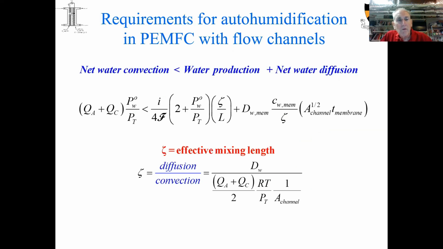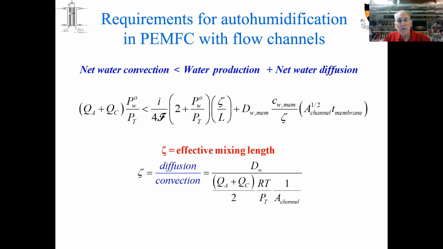Got it? We need the net water convection to be less than the water production plus water diffusion. And we can define an effective mixing length, which depends on the flow rates and the size of the flow channels.